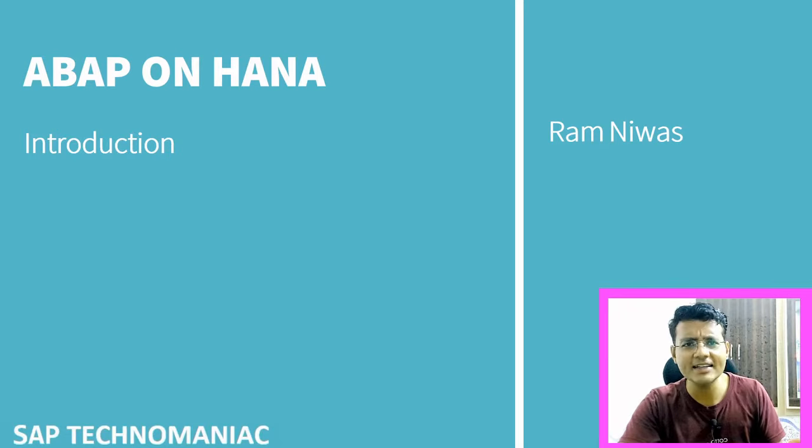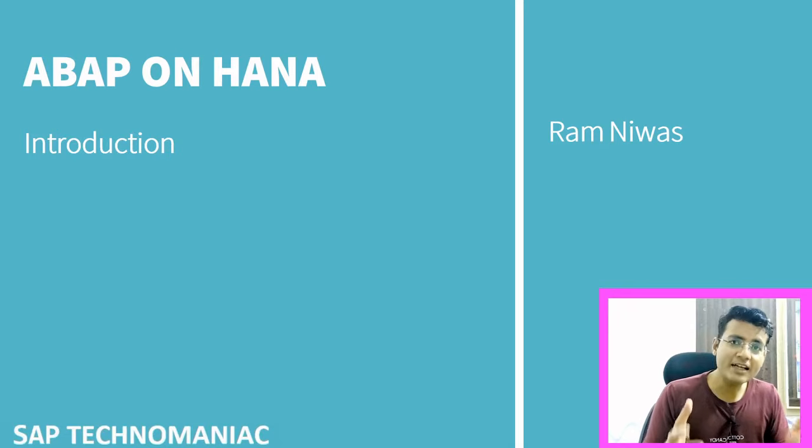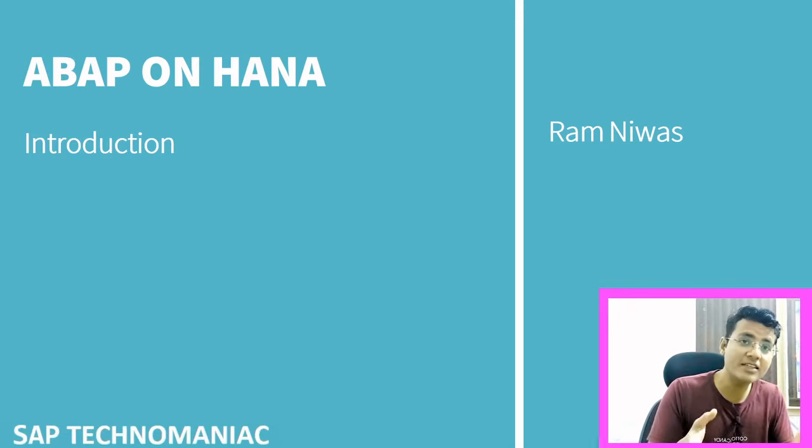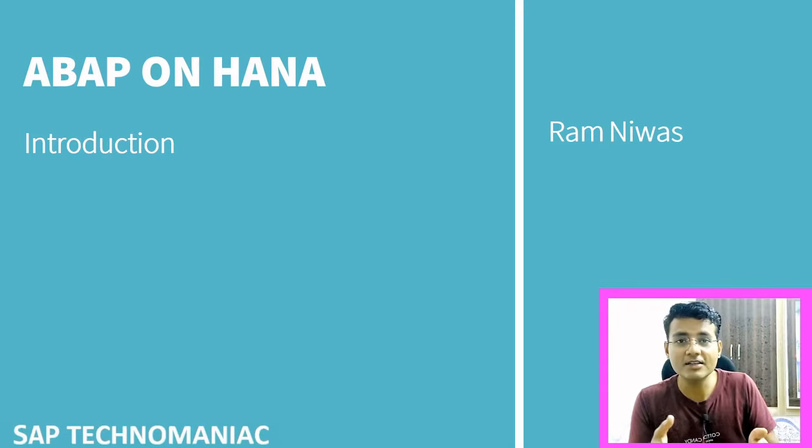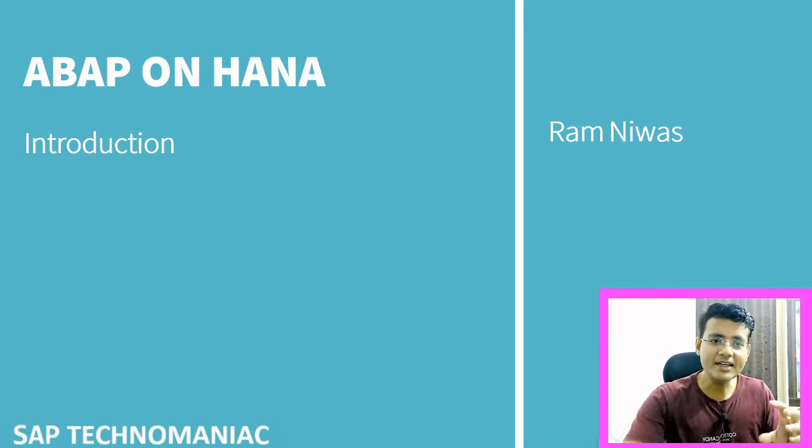So why are they telling you to do all these things at the database layer instead of the application layer? That is why they came up with the HANA database.